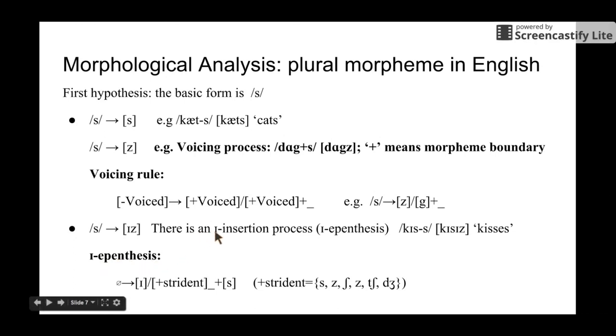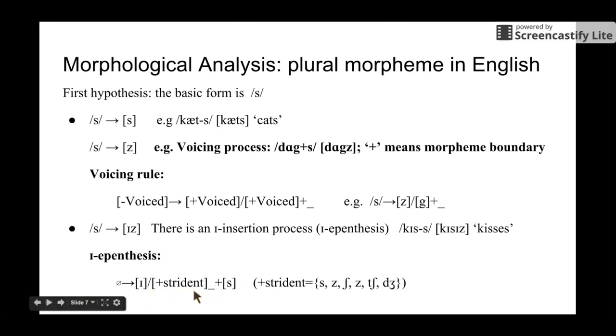It's also called an insertion process. Sometimes we use epenthesis to refer to insertion. So an epenthesis rule looks like this. We have an empty set symbol, which means nothing, becomes a vowel.